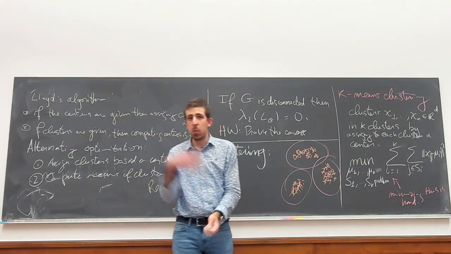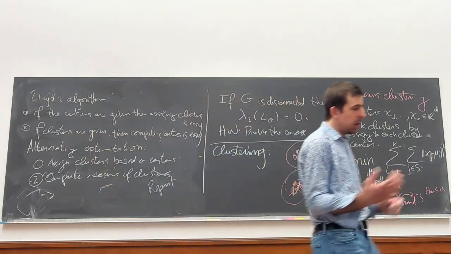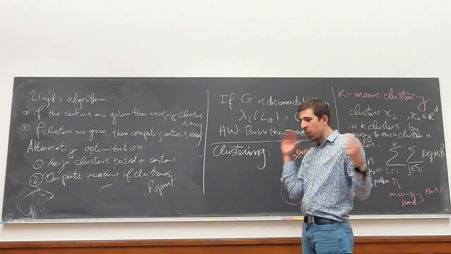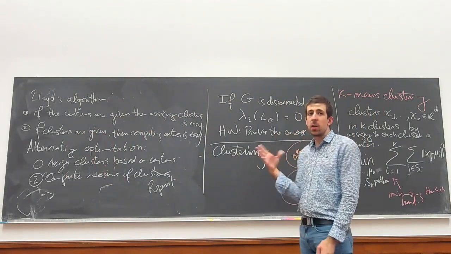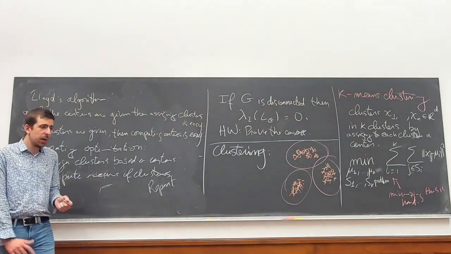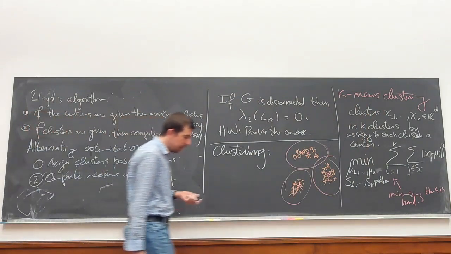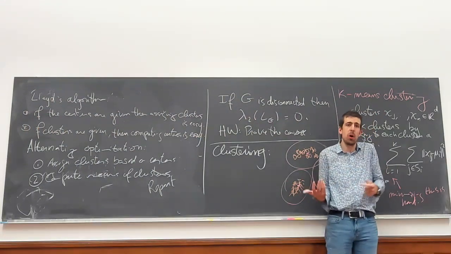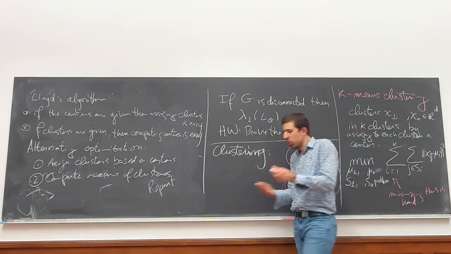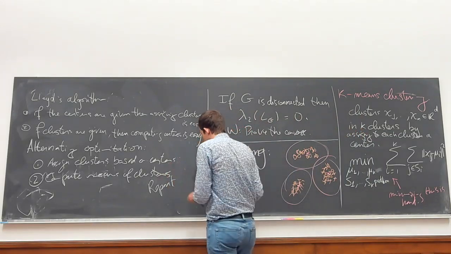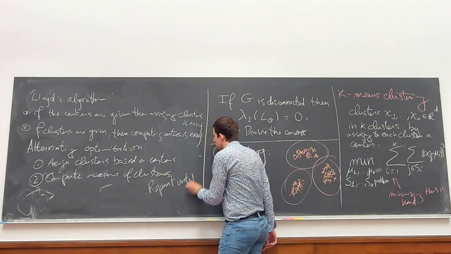So you start with some centers. This assigns some clusters. Now you look at the clusters and say, maybe I can compute better centers. So you take the means of the clusters that you have. This now gives you new centers. So now maybe the clusters will change, and you do this back and forth until it stops moving. Repeat until convergence, until it doesn't change.